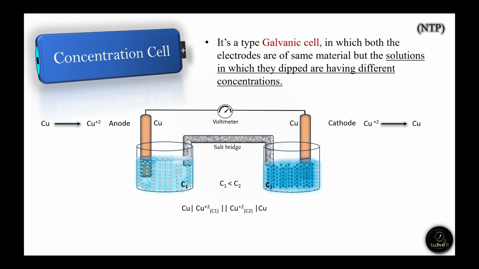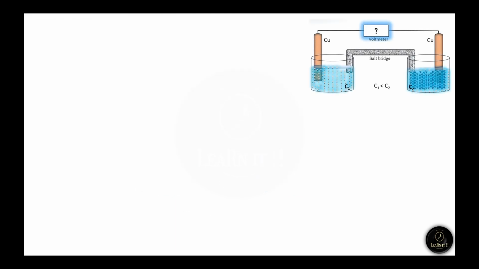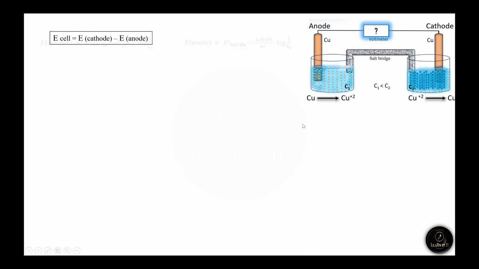Now we get a question: what is the cell potential, or what is the voltmeter reading? Again, we know that there is no standard concentration. Then we need to apply the Nernst equation to this cell. So E of this cell can be calculated by the formula E of cathode minus E of anode.